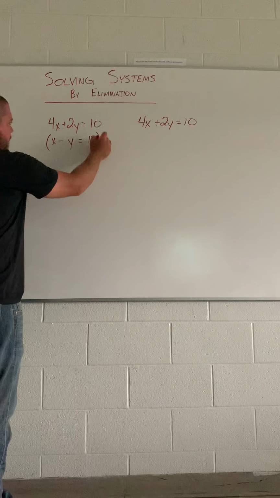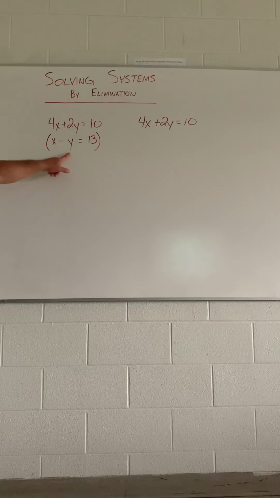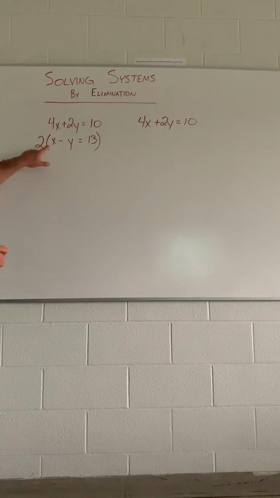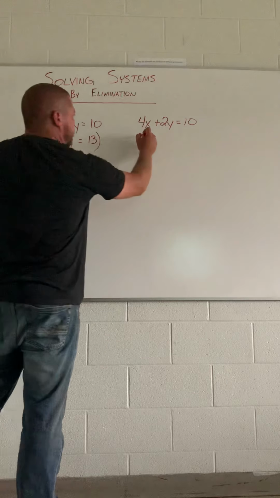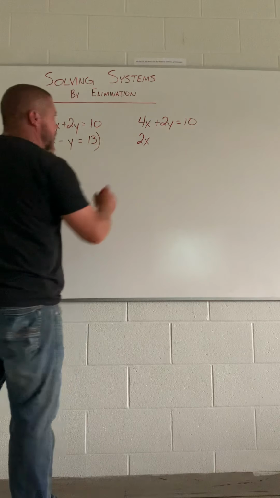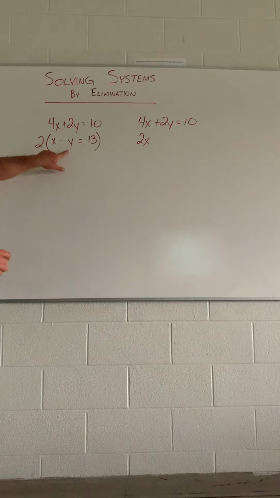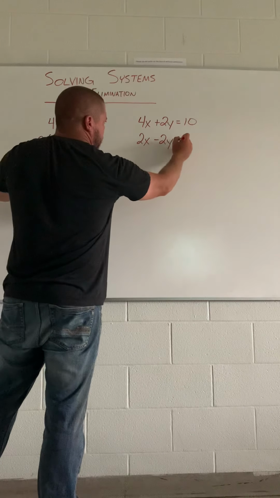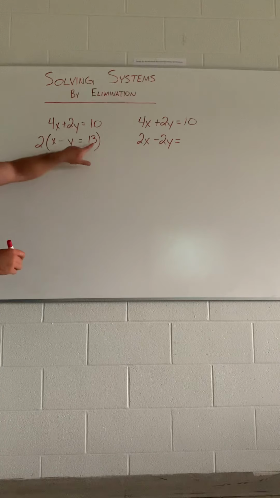Over on the left side, I've already got a negative 1y. So if I multiply everything in there by 2, I would end up with 2 times x, 2 times negative y, and 2 times 13.